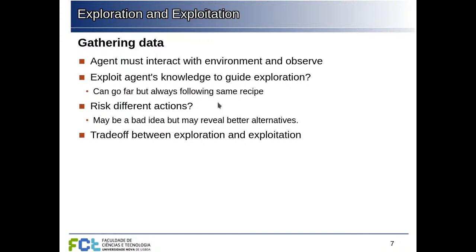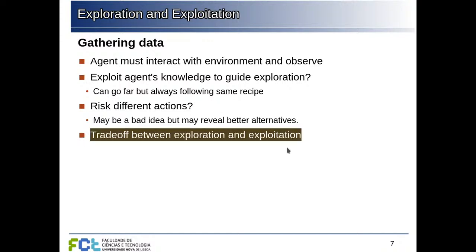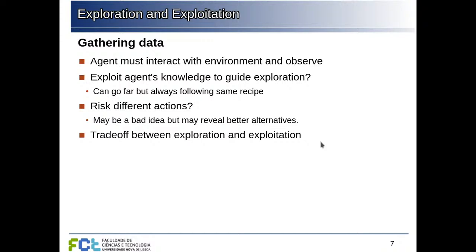But if we go outside what the agent is thinking is best to do, we may find alternatives that are even better than what the agent had learned. So there is a trade-off between these two, exploration and exploitation. Exploration allows us to find new things. Exploitation allows us to take advantage of what the agent already learned to progress more in the problem.